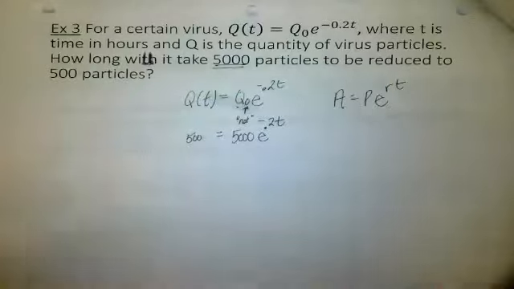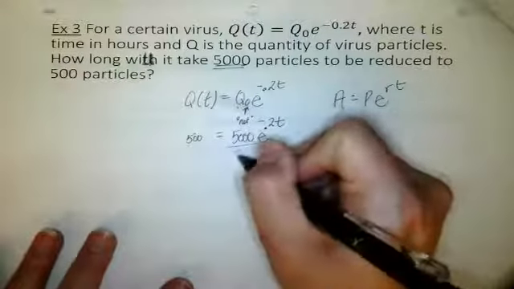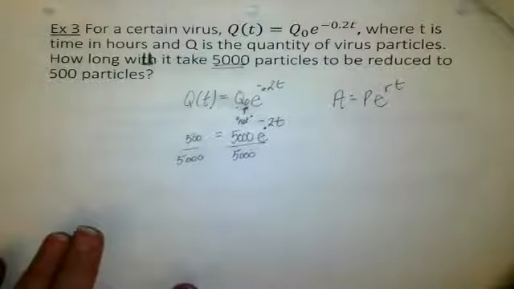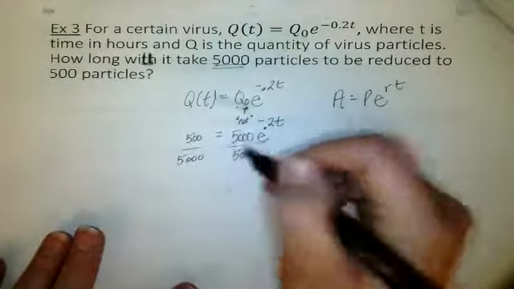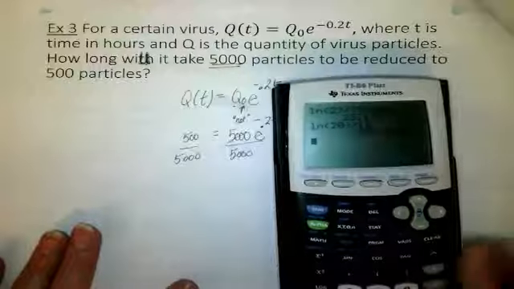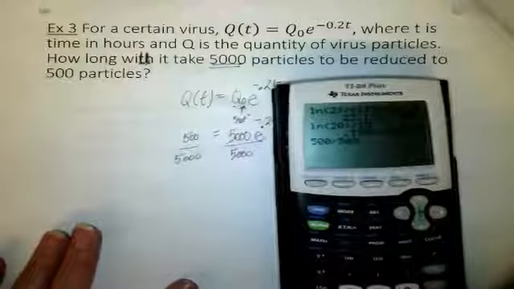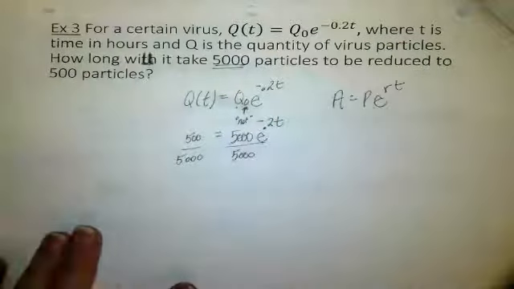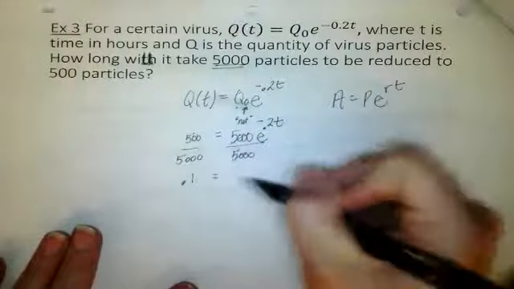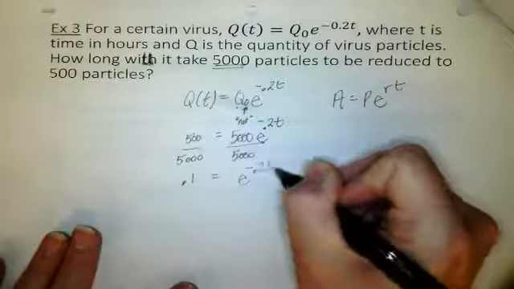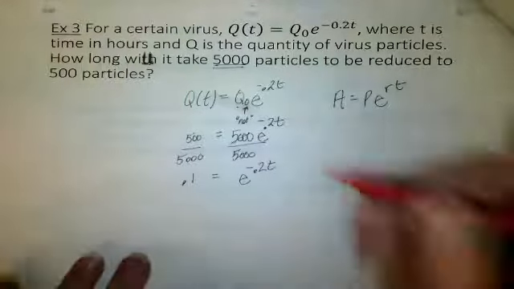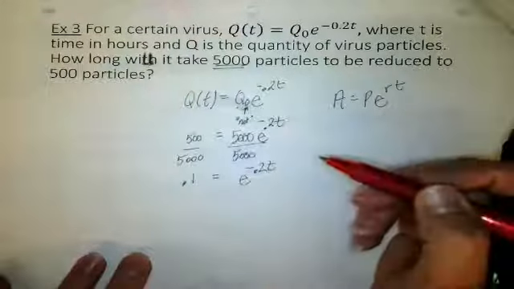What do we want to do first? Divide by 5,000. I hate decimals, so I'm gonna check. It is right. Good job. 0.1. And then what?